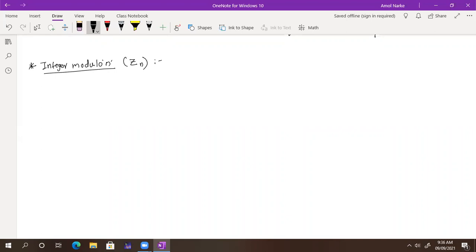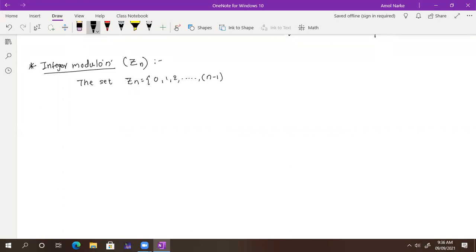So what is that group? First, the set Zn contains elements starting from 0, 1, 2, up to n minus 1.